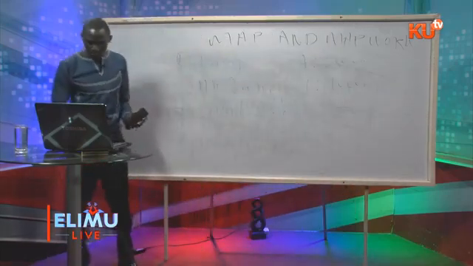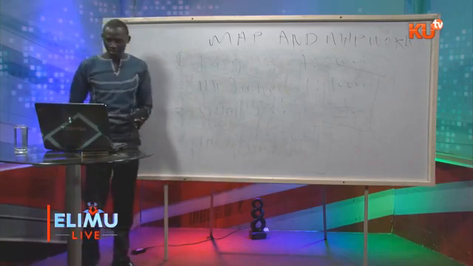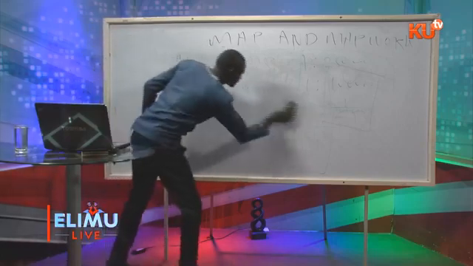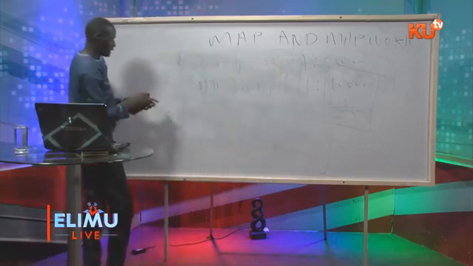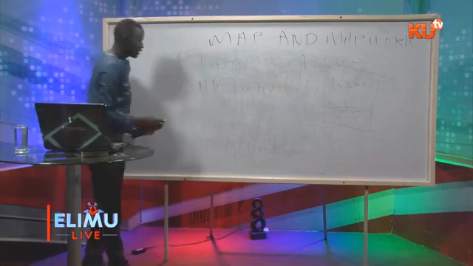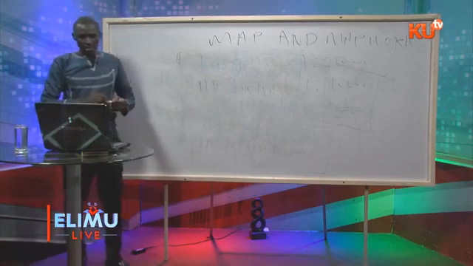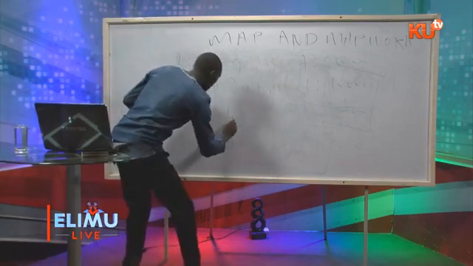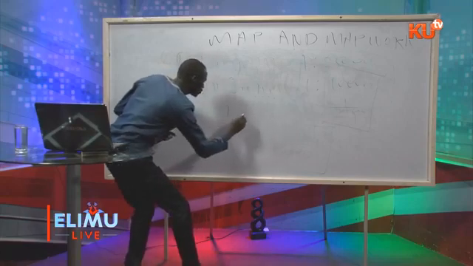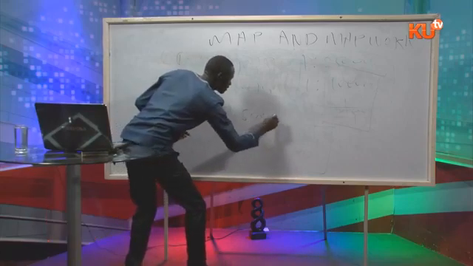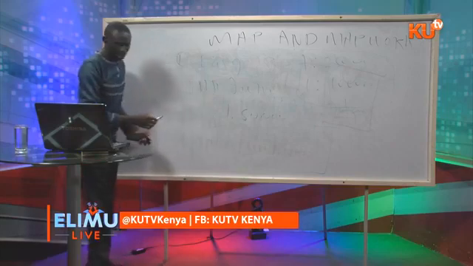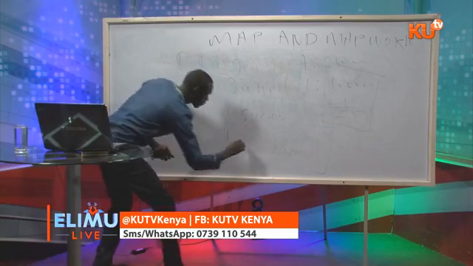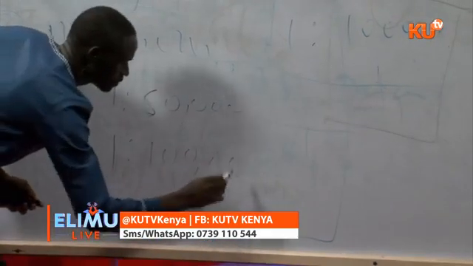Then the medium maps, the medium scales. Number 2, the medium scales. This one, the medium scales, focuses on a scale that is between 1 to 50,000, and 1 to 100,000.